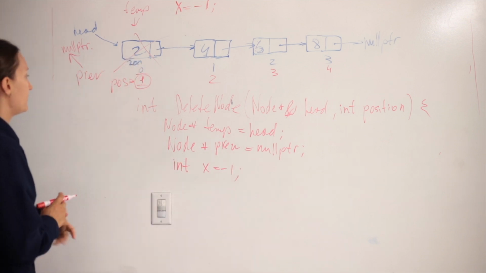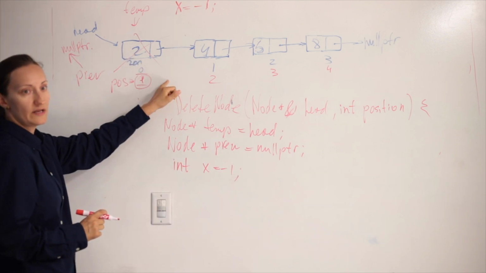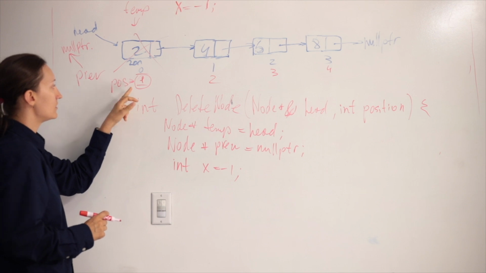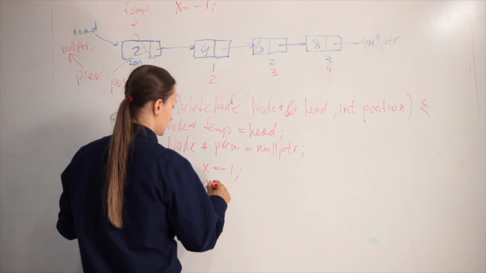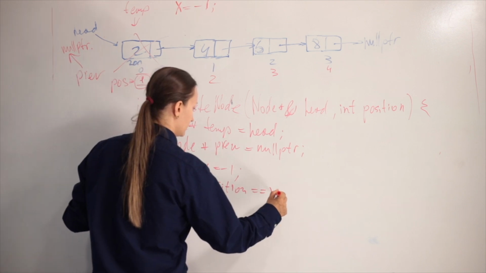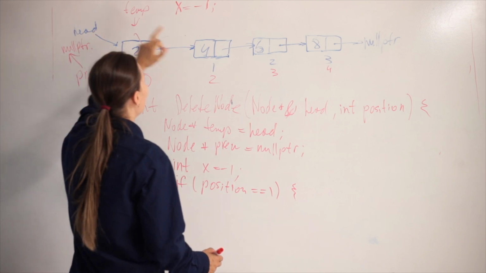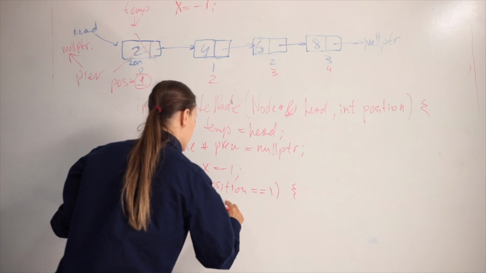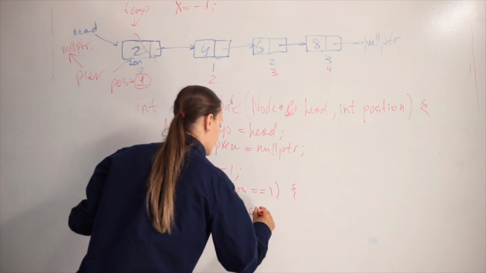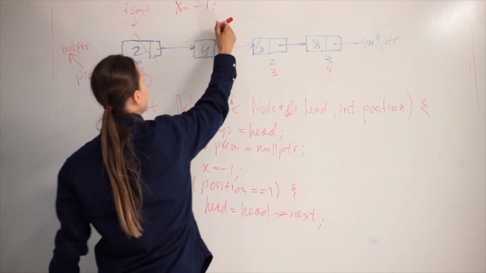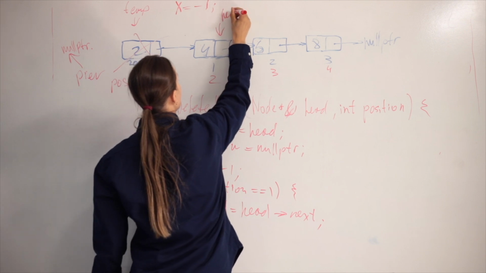Our first step, if we want to delete the first node at position 1: if position equals 1, we will move our head to the next node. Head equals head next. Now this is our new head.